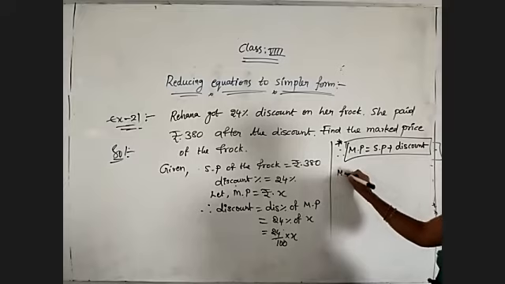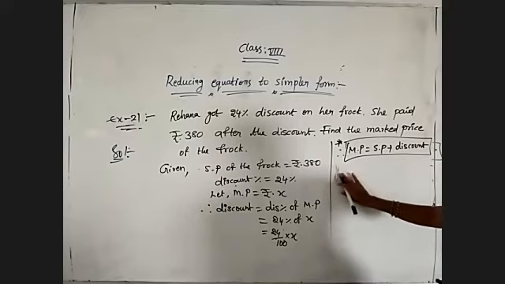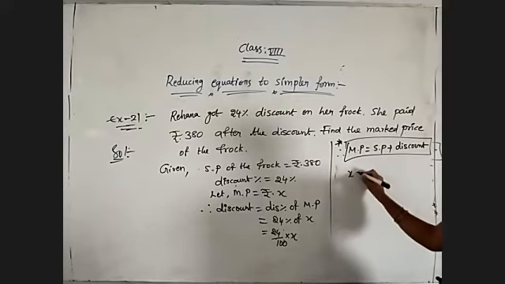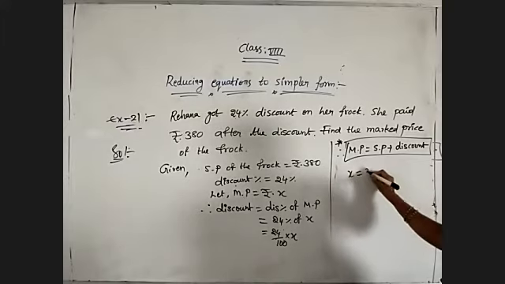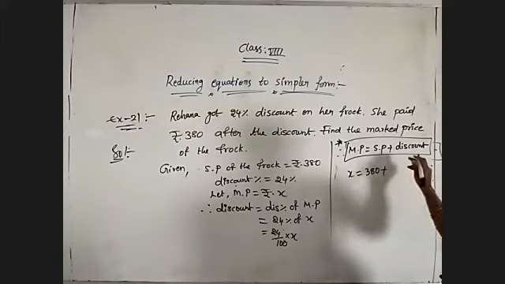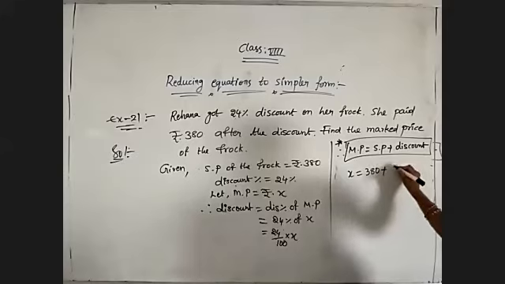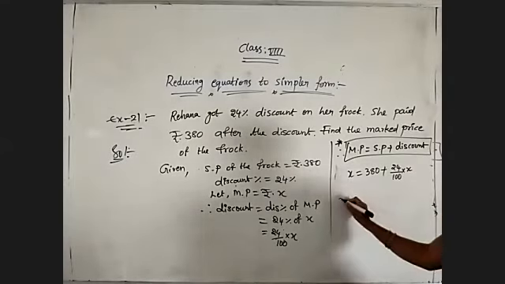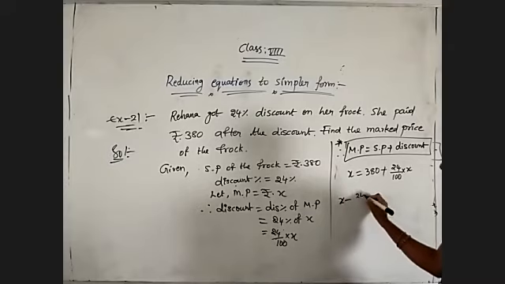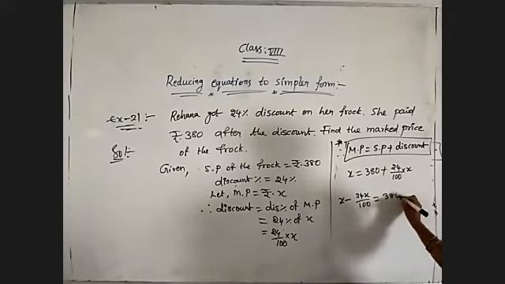So market price, which we have chosen as X, is equal to SP. SP value, how much do we have, they have given 380 rupees, plus the discount, 24 by 100 into X. Bring the X terms to one side. X minus 24x by 100 is equal to 380.